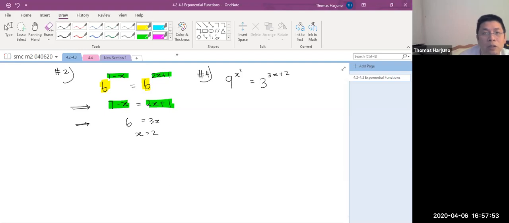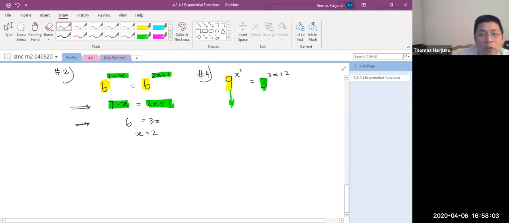Now notice that the bases are different. However, I can change this 9 into base 3. So I can write it as 3 squared to the x squared equals 3 to the 3x plus 2.